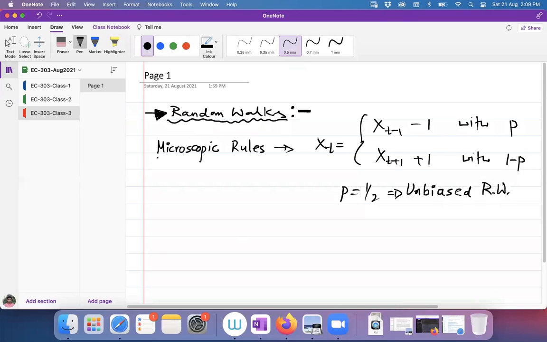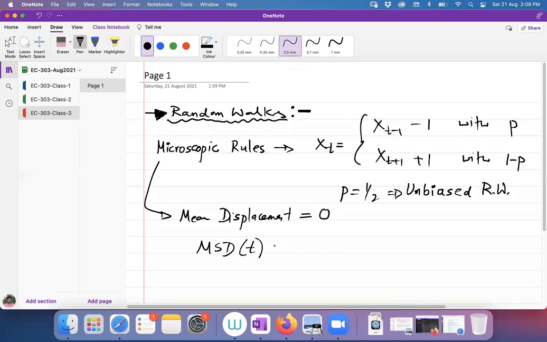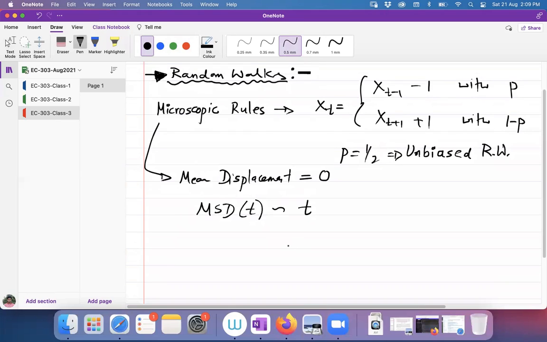Okay. And we also derived some results, which are that the mean displacement is equal to 0 in the case of P equal to half, and the mean square displacement as a function of time goes as t. Okay, that goes as t. These are the two predictions we made.